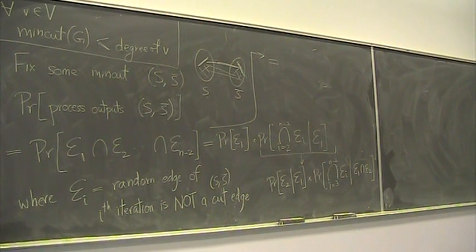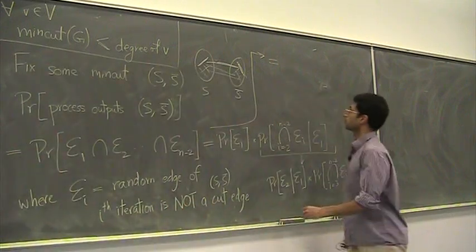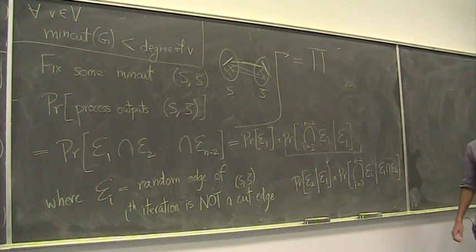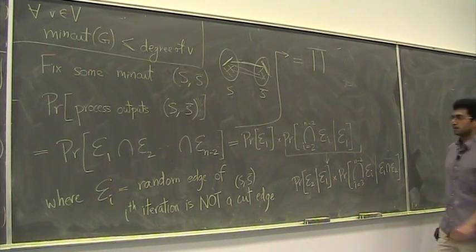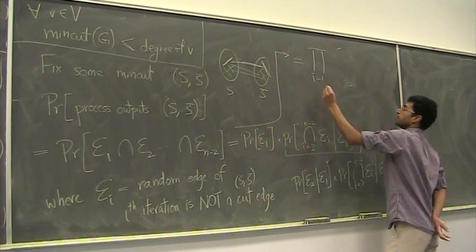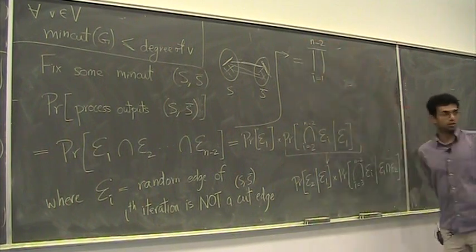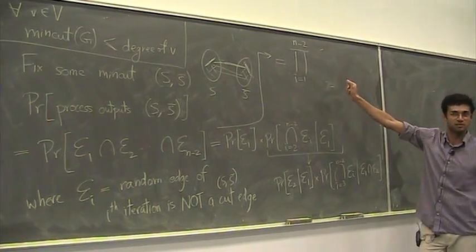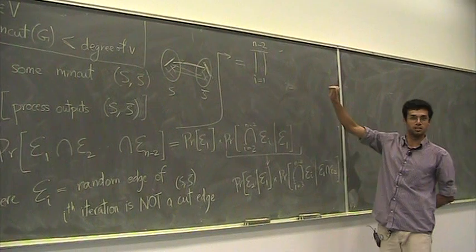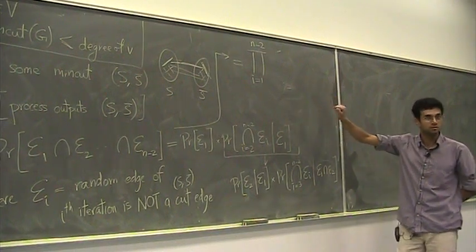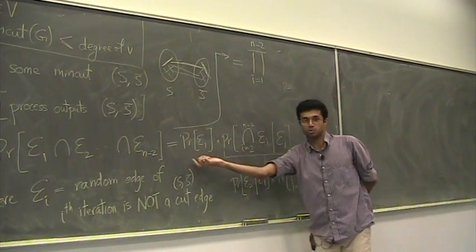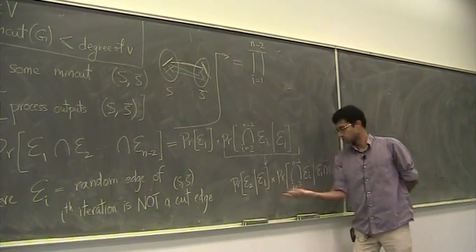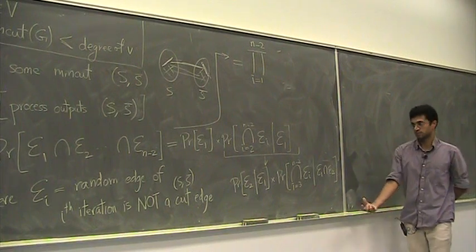Okay. So I want to write this as a product, i going from 2 to n minus 2, some product of conditional looking things. What are those conditional things? I showed you the first one, and I showed you the second one. You break this up further, you'll get the third one.